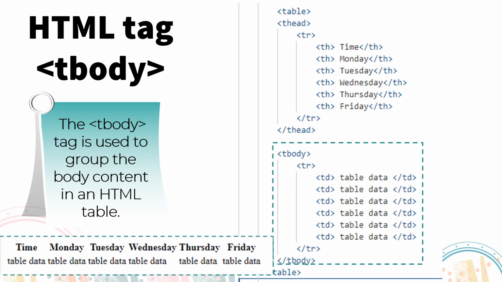The output of this one is this. The first row, the time, Monday, Tuesday, that's the first row TR under the T-head, and then the body of the table is the T-body starting from here. The content is this one.